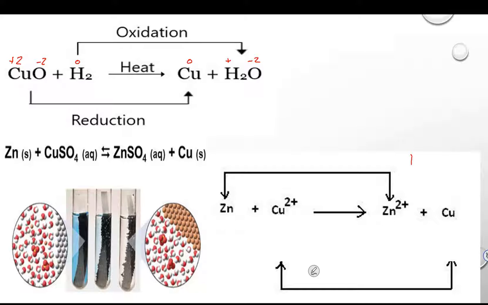So as I'm looking, copper went from a +2 to a 0, and hydrogen went from a 0 to a +1. So each copper gained 2 electrons, and each hydrogen lost an electron. But there were 2 hydrogens going on that path, so it lost 2 electrons. Does that make sense?